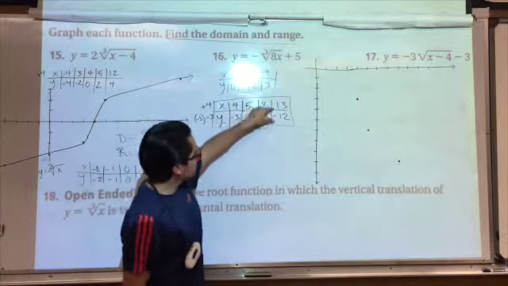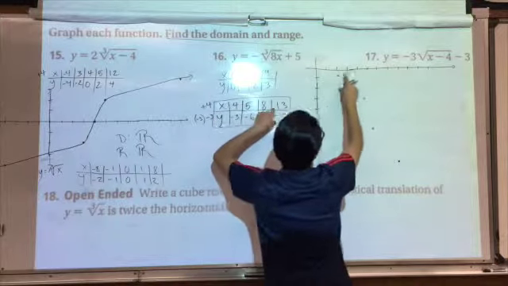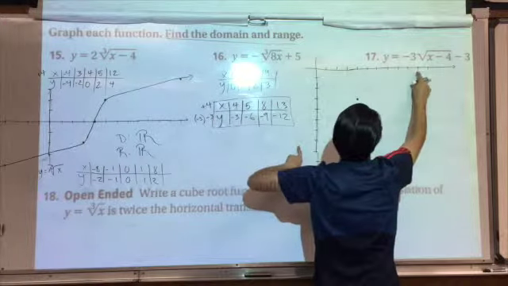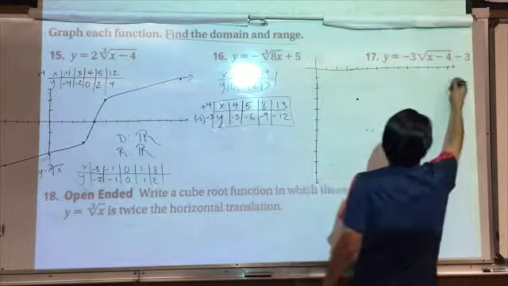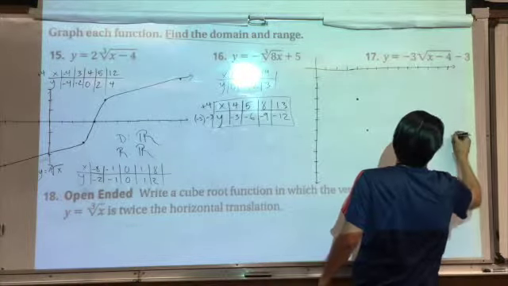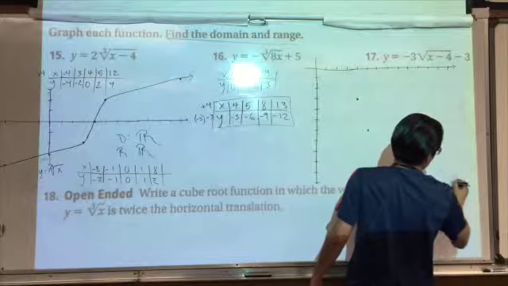And the last one, 13, negative 12. So 13 across, and 12 down.